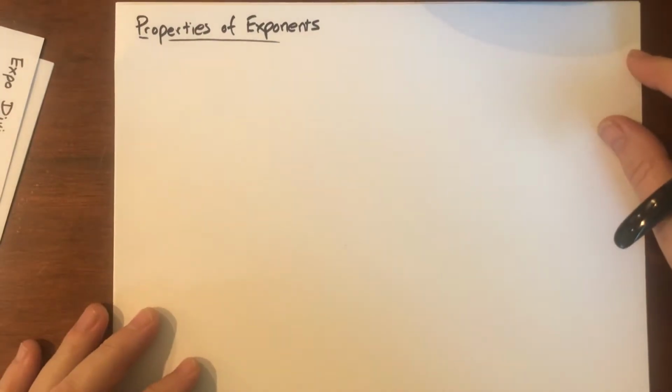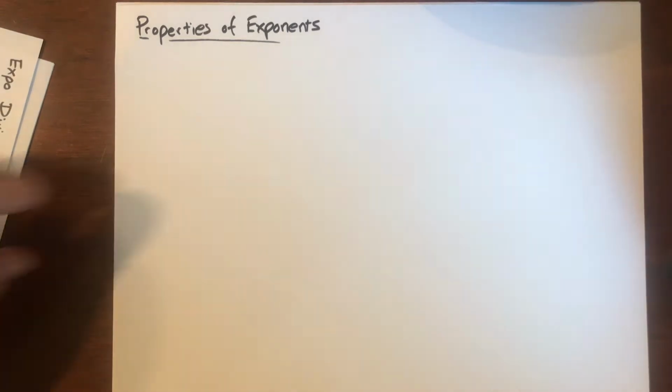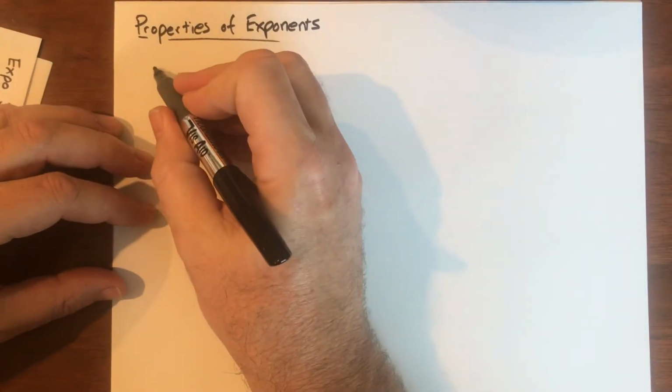That's all the properties are. It's ways to get your answer without doing the long work to solve it the full way. Like multiplication is a shortcut for addition. You'll see what I mean. The first thing is going to be multiplying exponents, okay?